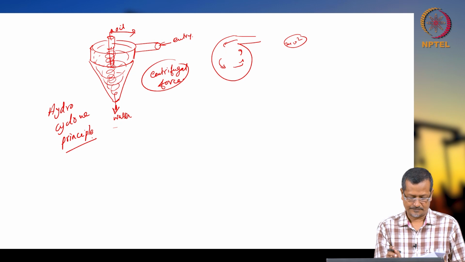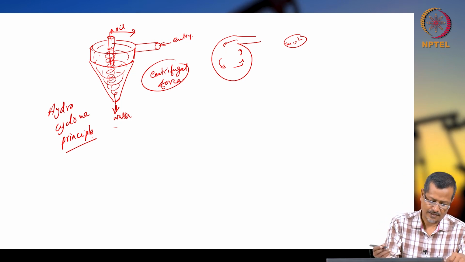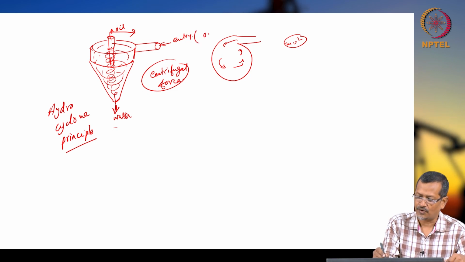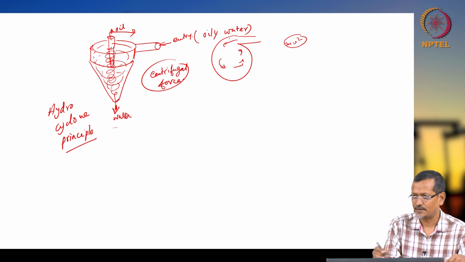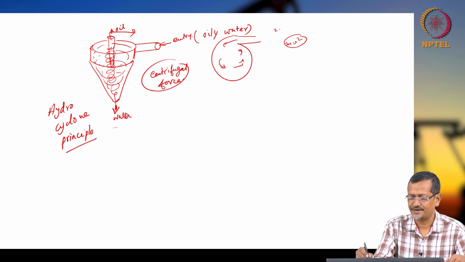Okay. So, the terms they are using here, we should remember also. This is entry, meaning oily water: oil plus a small amount of water, maybe 2000 milligram per liter.